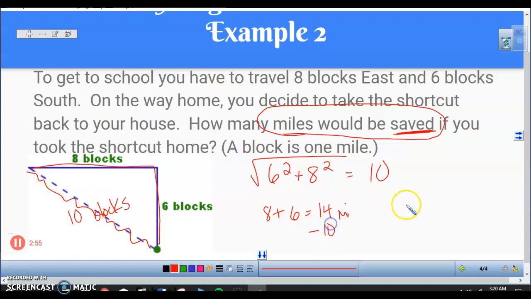So when I subtract those, 4 miles would be saved. Remember, word problem, I typically need a word answer unless it's open-ended, unless it's just fill in the blank and not open-ended. So your word answer would be, if you could take the shortcut home, you would save 4 miles, or 4 miles would be saved. So remember, when you're doing saved, you have to find the original distance and subtract the new distance.